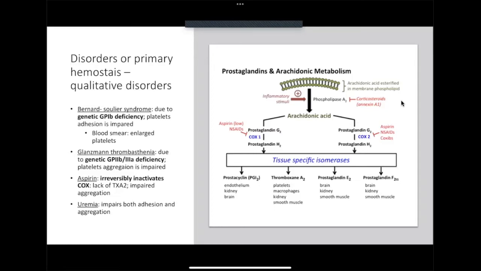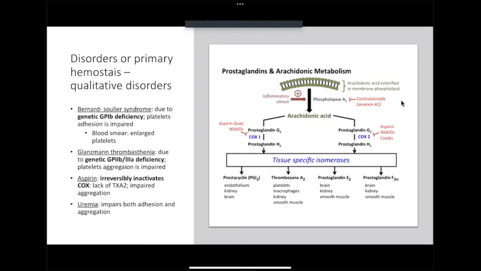Again, platelet aggregation is impaired because, like we said, it's used to aggregate platelets via fibrinogen. Aspirin, this is acetylsalicylic acid, irreversibly inactivates COX. You can see this pathway here, how prostaglandins are formed from arachidonic acid, the first step from phospholipids.